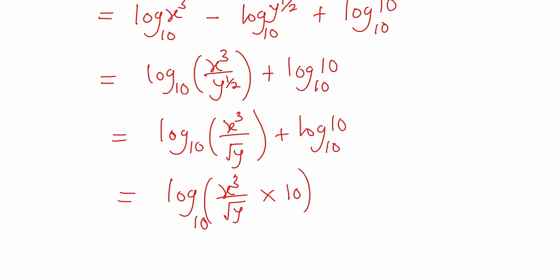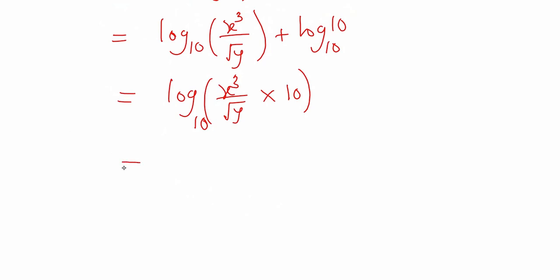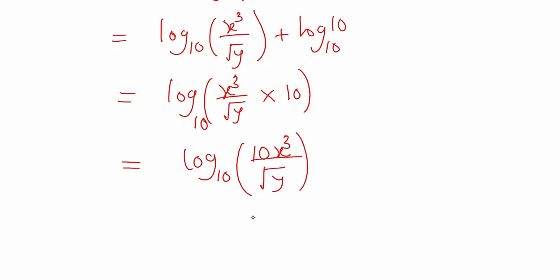Now, at this point, reducing it, by multiplying we have logarithm to the base 10 of 10 times x cubed divided by the square root of y. And this is our simplified solution to our question.